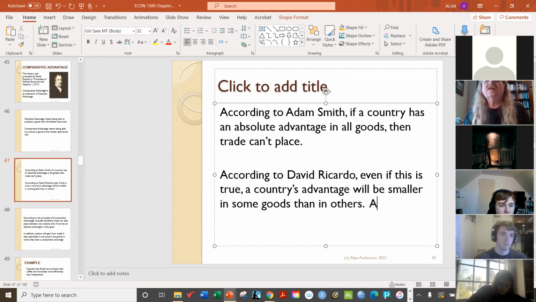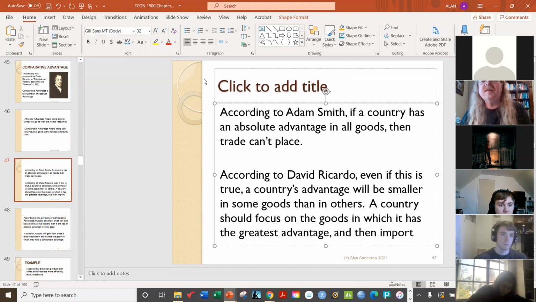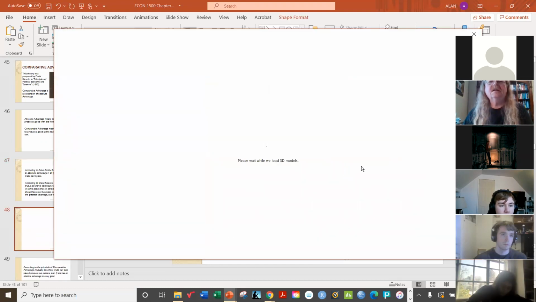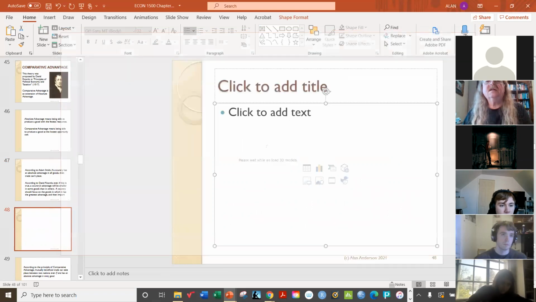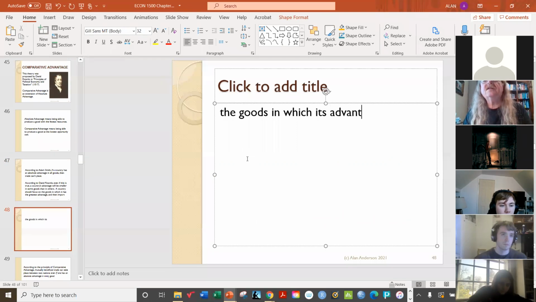A country should focus on the goods in which it has the greatest advantage, and then import the goods in which its advantage is the smallest.